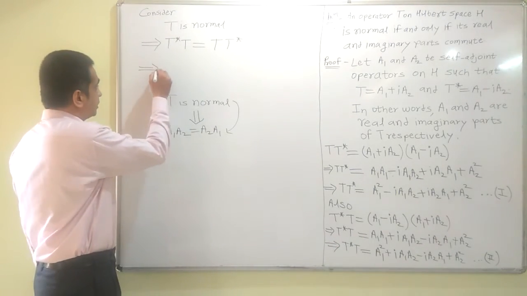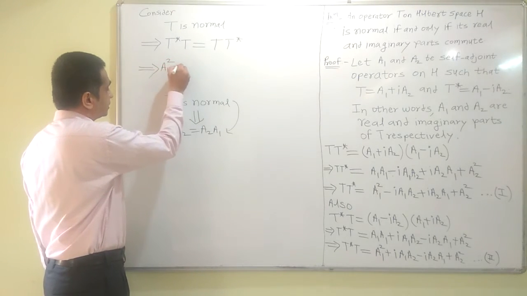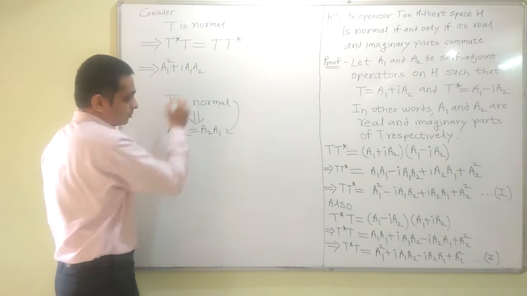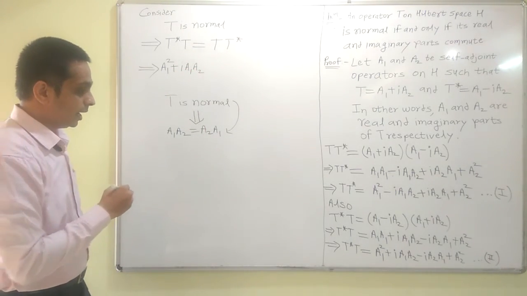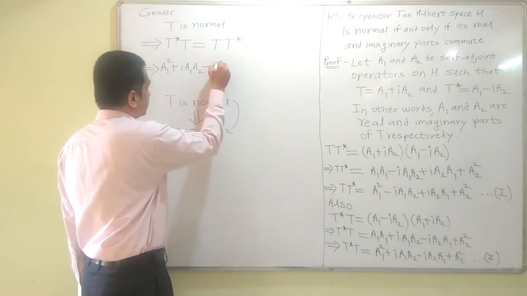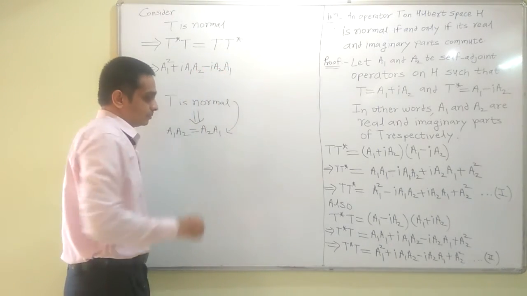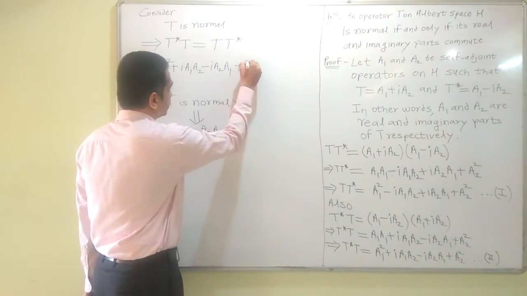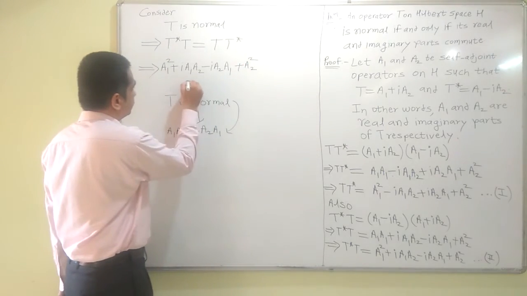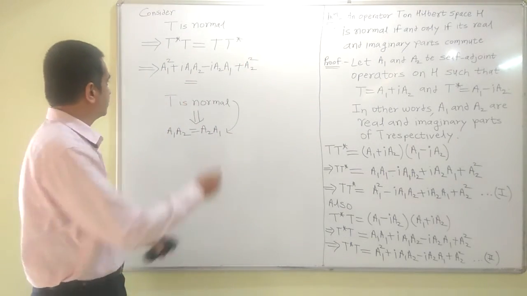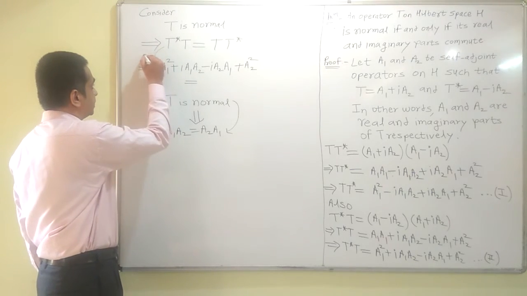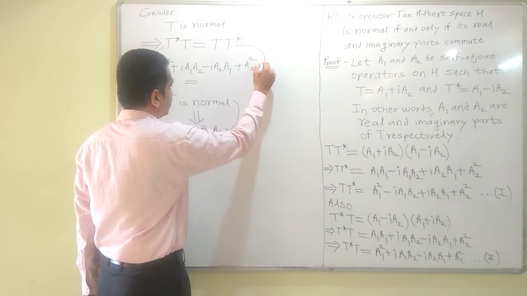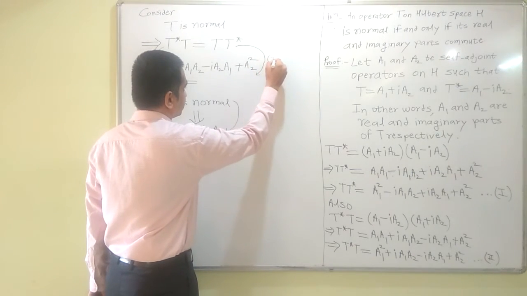This implies A1 squared plus i A1 A2 minus i A2 A1, plus A2 squared, is equal to, from the first statement, T T star.